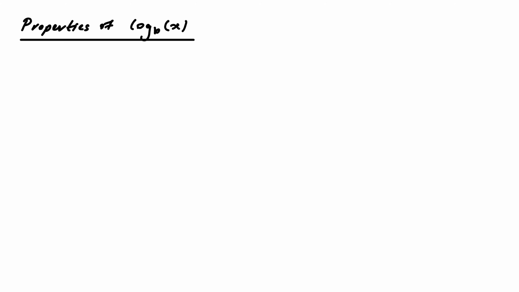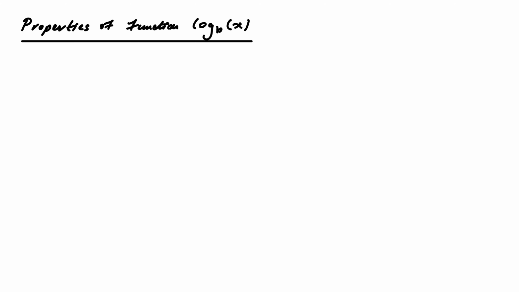So properties, and maybe again, let's just make sure we understand. This is not just properties of the logarithm I was talking about. So in the logarithm videos, we thought about the algebraic properties of logarithms, things like log laws and that kind of thing. This is a little bit different. I'm thinking about the function here. So I'm trying to understand how log b x depends on x, essentially.